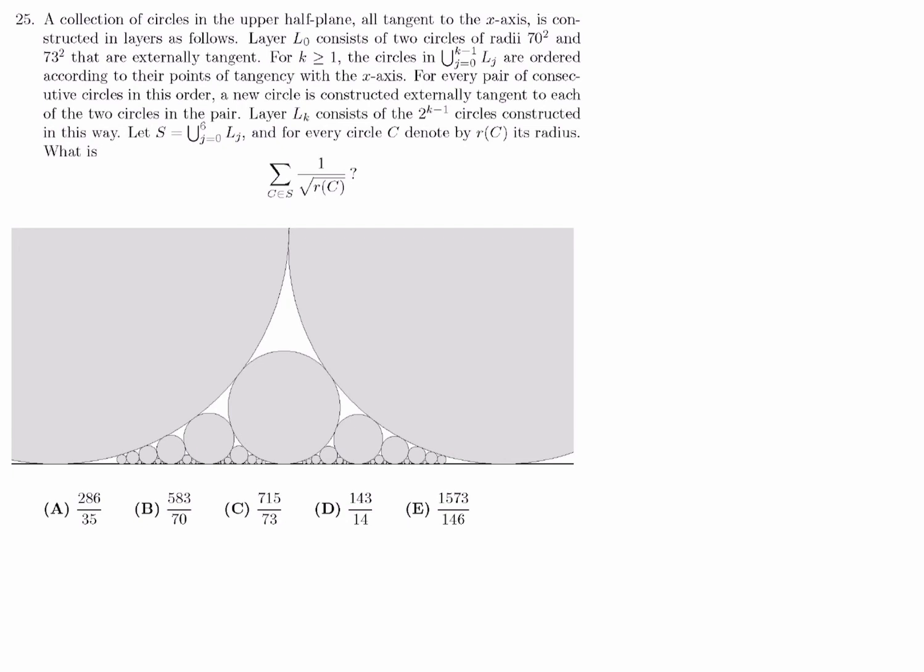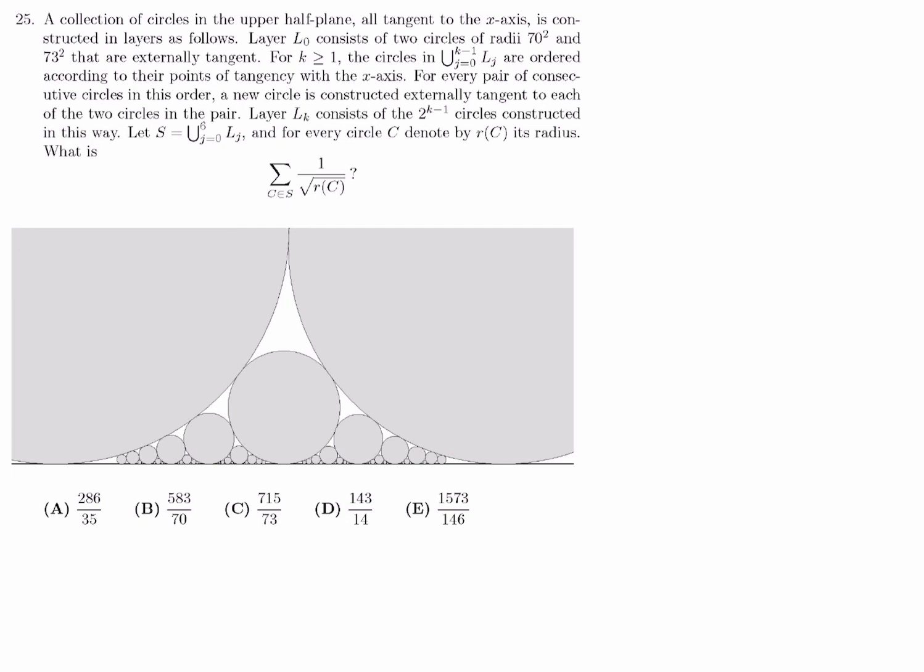For every pair of consecutive circles in this order, a new circle is constructed externally tangent to each of the 2 circles in the pair. Layer Lk consists of the 2 to the k minus 1 circles constructed in this way. Let S be the union from j equals 0 to 6 of Lj, and for every circle C, denote by RC its radius. What is the sum of 1 over the square root of RC, where C is an element of S?